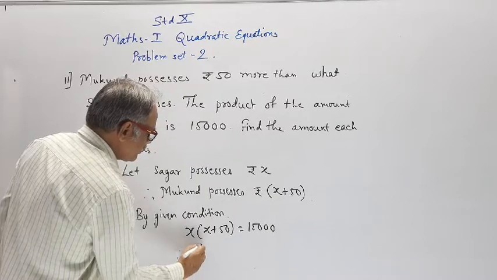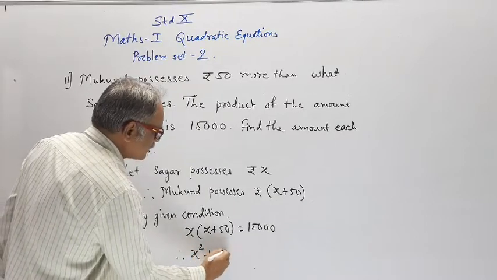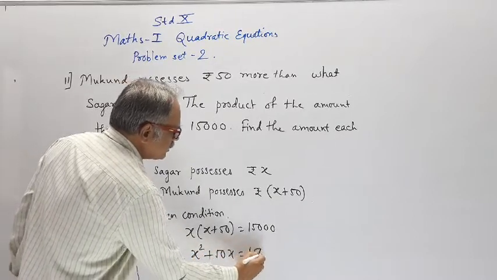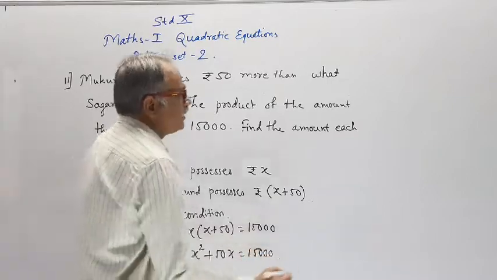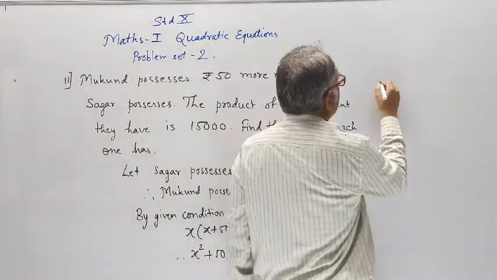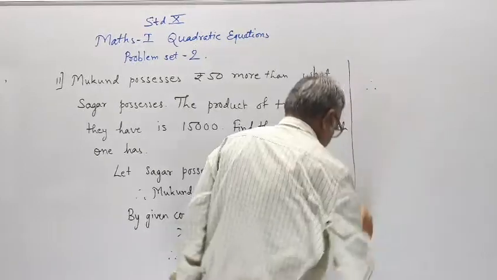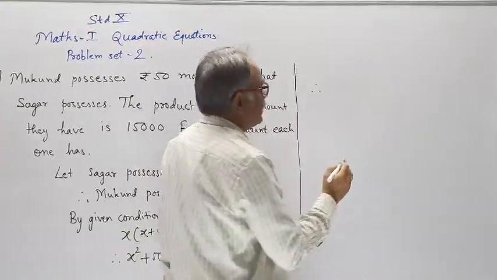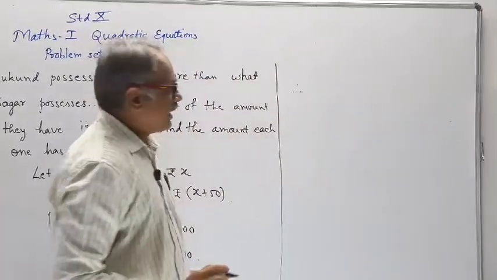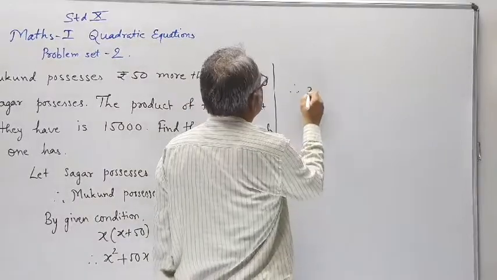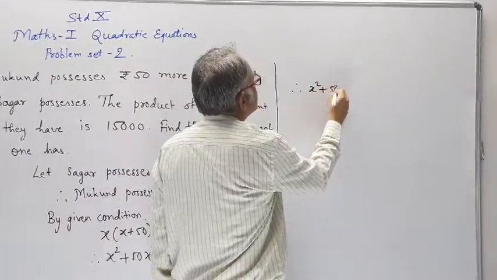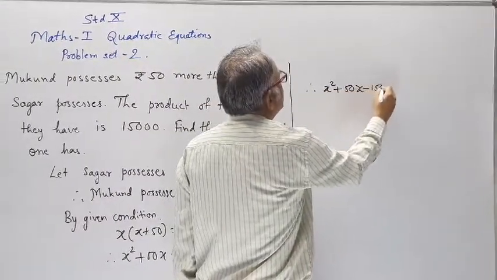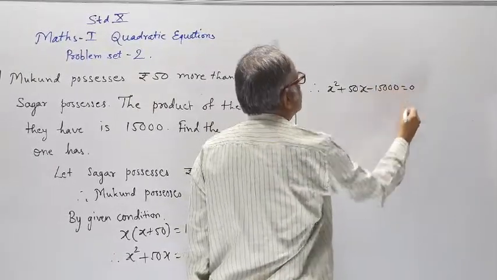Change it into an equation. x square plus 50x is 15,000. Therefore, x square plus 50x minus 15,000 equal to 0.